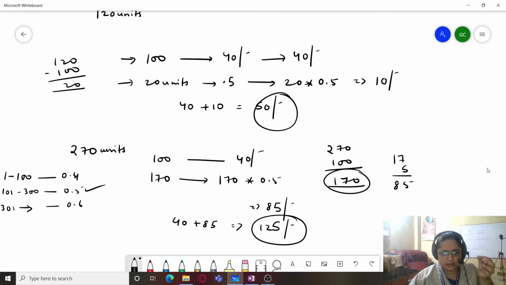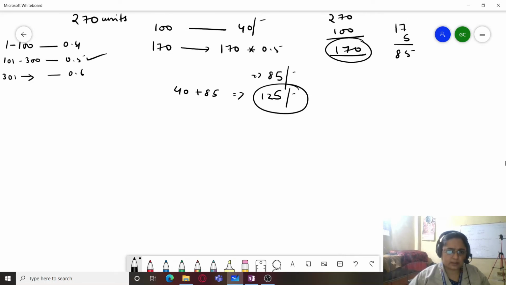Deduct the slab units from the total number of units which you have read from the user, and on the remaining you apply the charges for the next slab. The same thing happens with the income tax slabs also, right? So now we have to create a program for this. Let's see how we can do that.